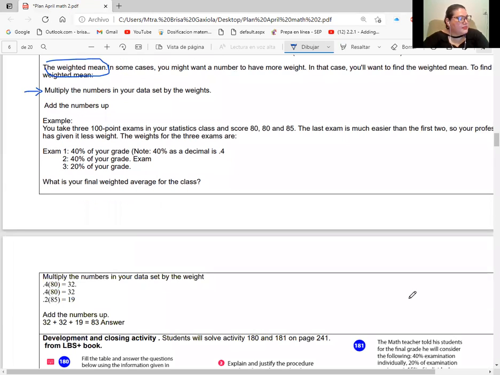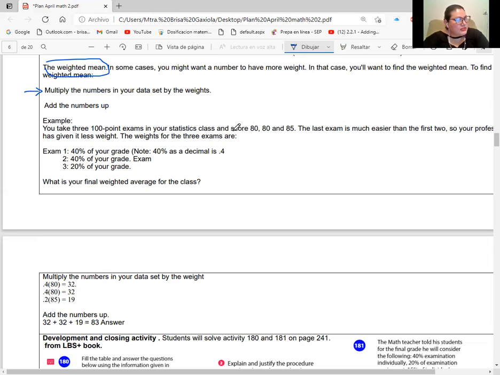Let's read it. It says here, you take 3 100-point exams in your statistics class and score 80, 80, and 85. The last exam is much easier than the first 2, so your professor has given it less weight.